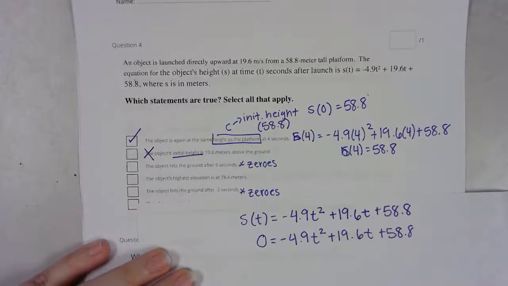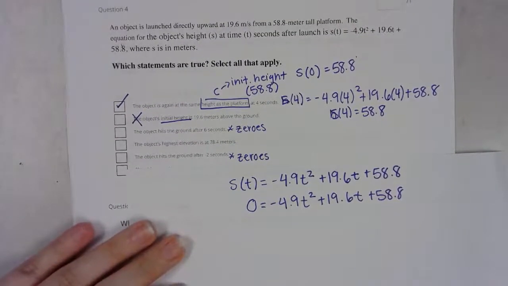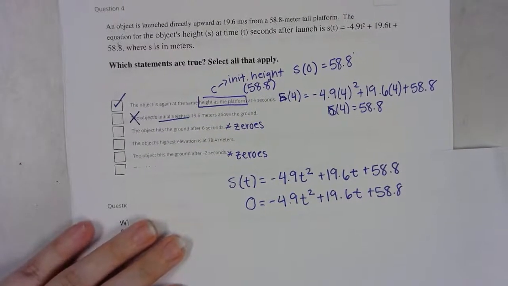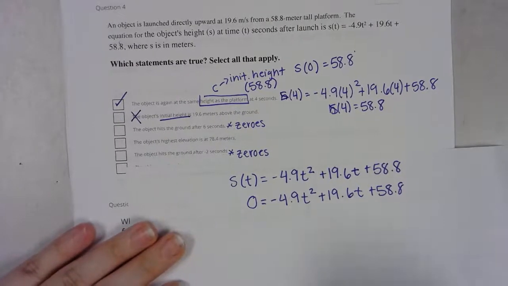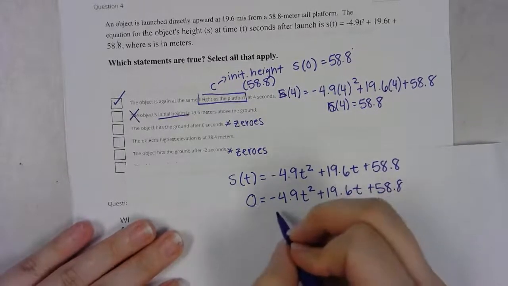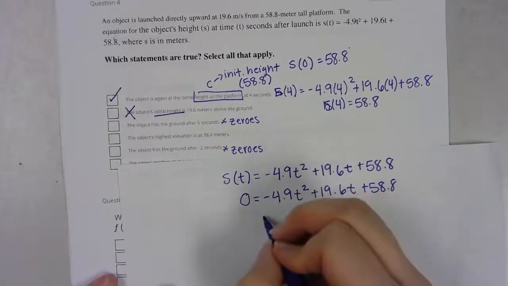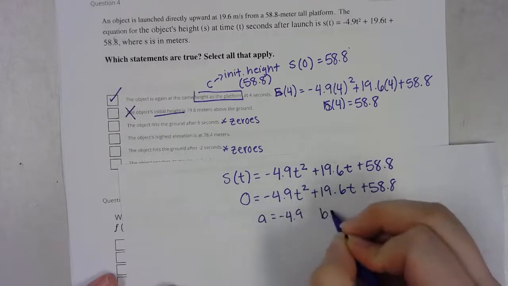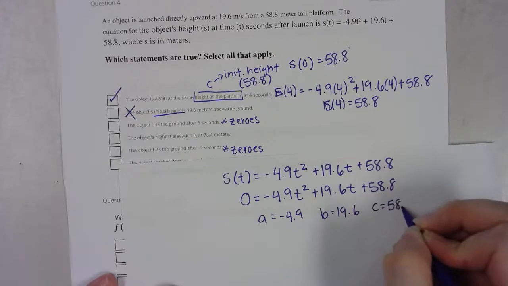You could use whatever method you wanted to solve this one. Because of all of these decimals, I would probably avoid trying to factor. I would avoid anything, honestly, except the quadratic formula. So a equals negative 4.9, b equals 19.6, and c equals 58.8.